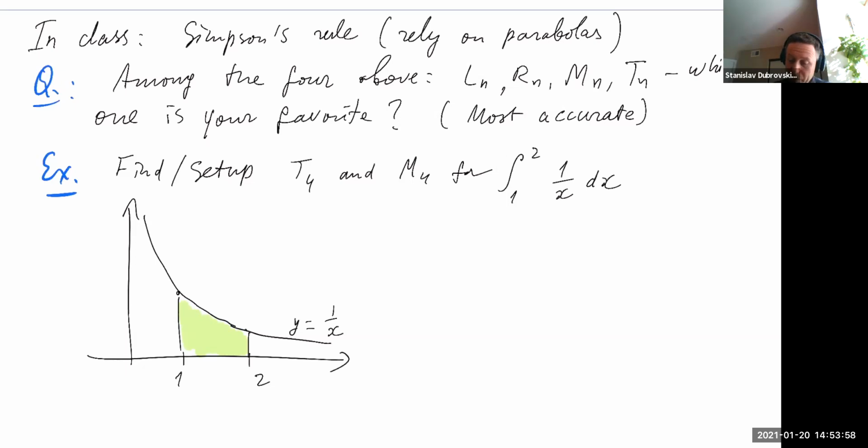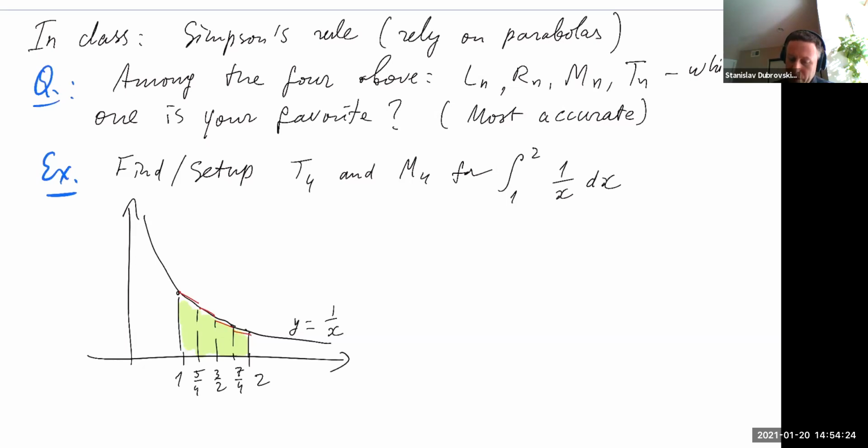So for T4, trapezoid, what do I have to do? I have to divide it into 4 pieces: this is 5/4, this is 3/2, this is 7/4. And on each piece, I will have to draw my trapezoid. Trapezoid, trapezoid, trapezoid, trapezoid.